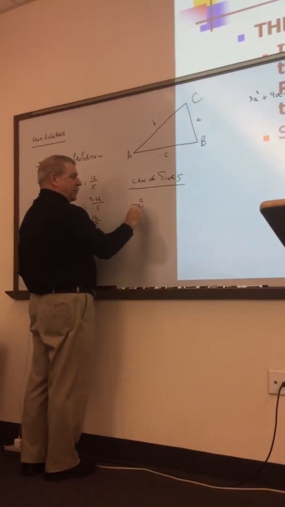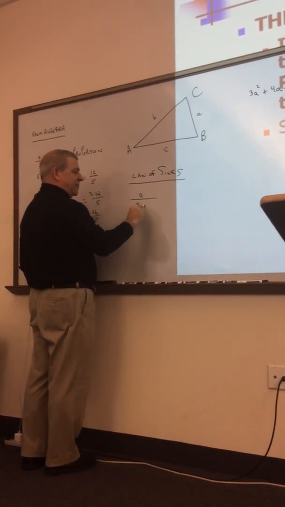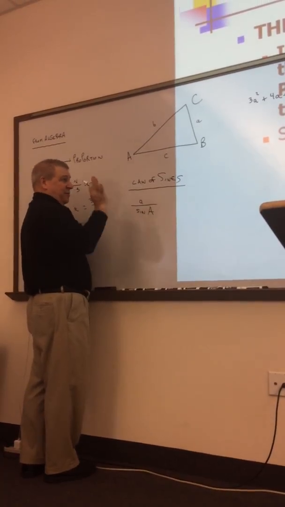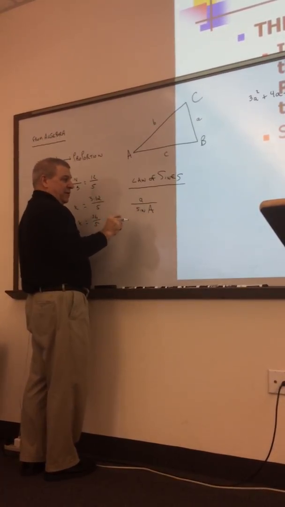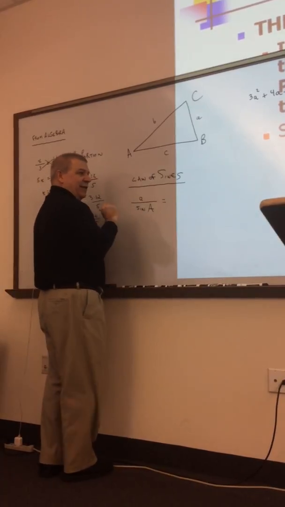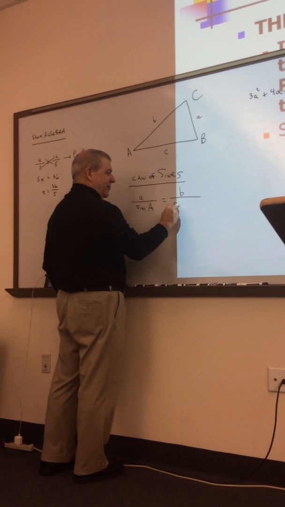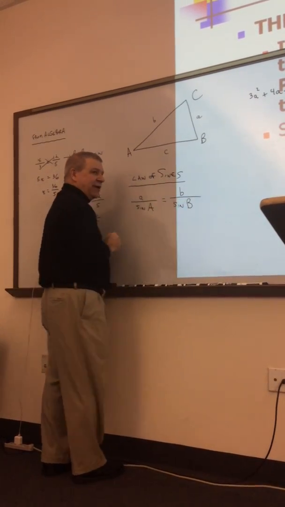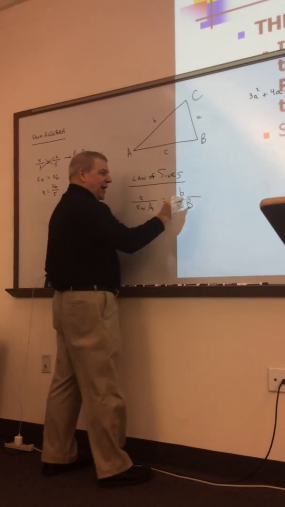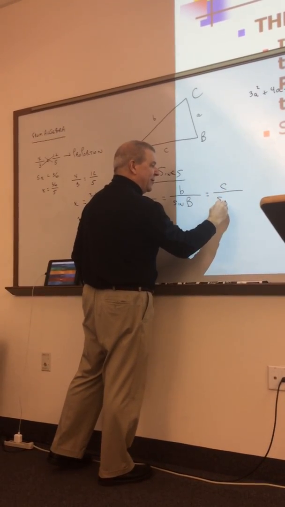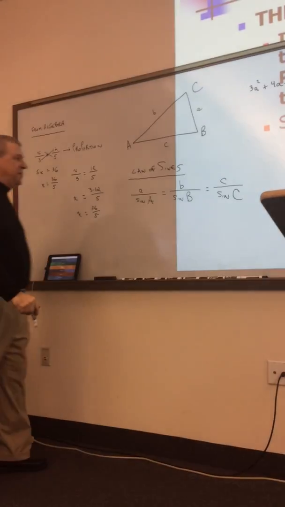Side A is proportional to the sine of angle A. Now mark this down. This is important. This is the law of sines. In the same way, side B is proportional to the sine of angle B, in the same way as side C is proportional to the sine of angle C.